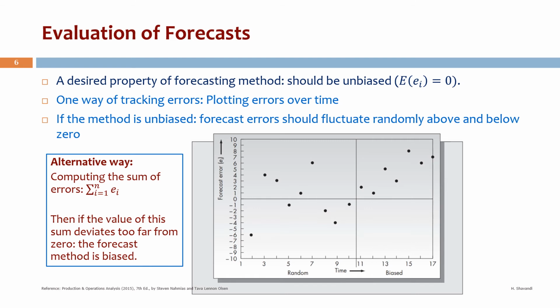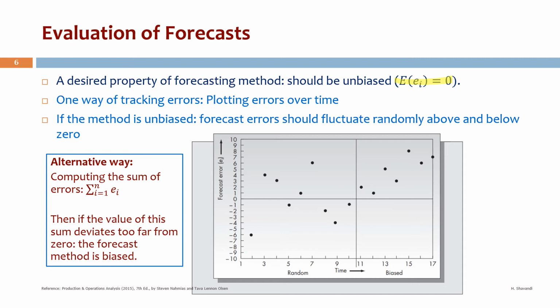One of the main properties of a forecasting method is being unbiased. A desired property for any forecasting method is that it should be unbiased, and this means that the expected value of the errors should be 0. So in order to evaluate this property, we can plot errors over time.